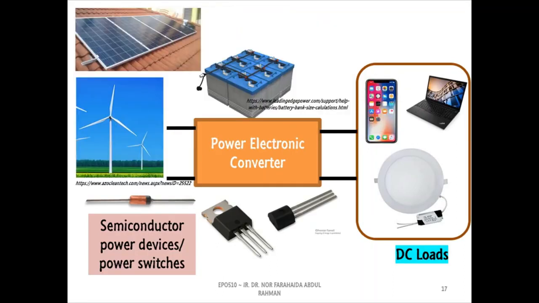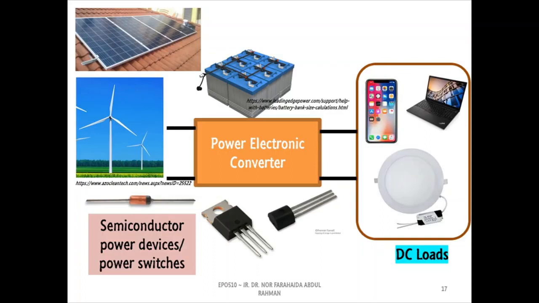Other than the power grid, we can use DC power sources such as solar panels, wind turbines, or batteries to supply power to the DC appliances. However, the power provided by the DC sources may be higher or lower than the appliance's power requirement.